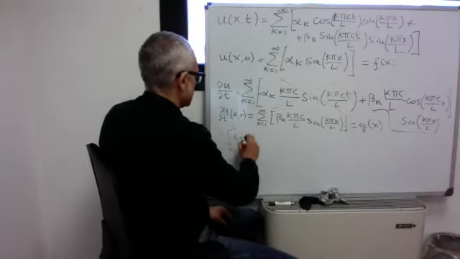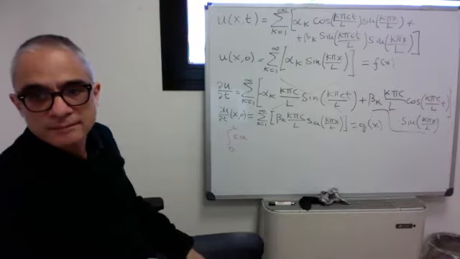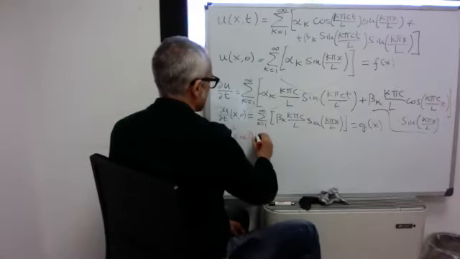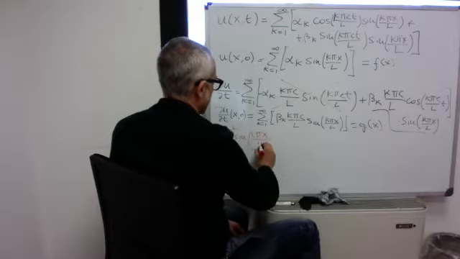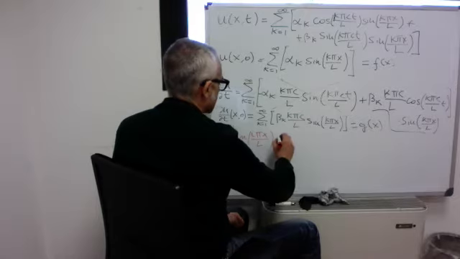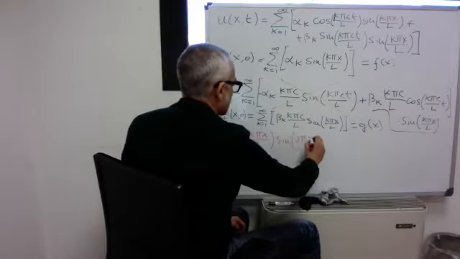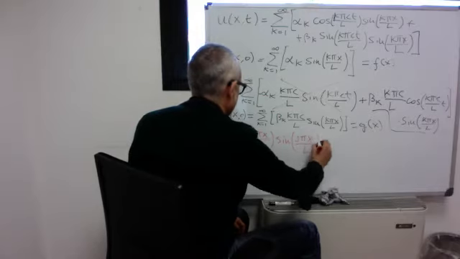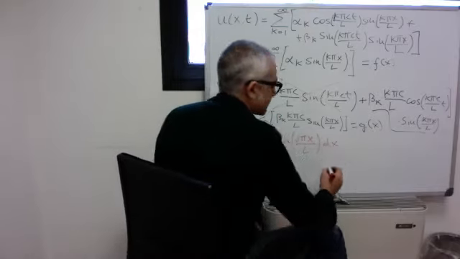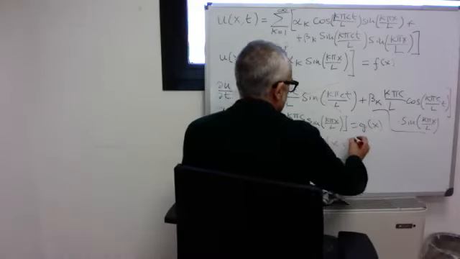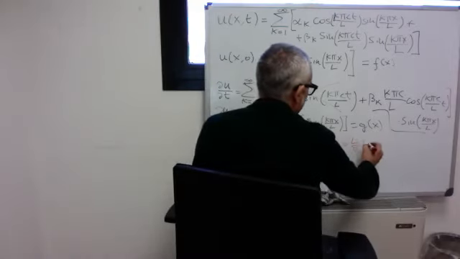sine of i pi x over L times the sine of j pi x over L is equal to L halves delta ij.